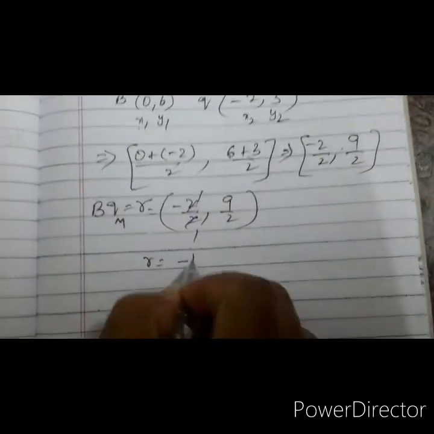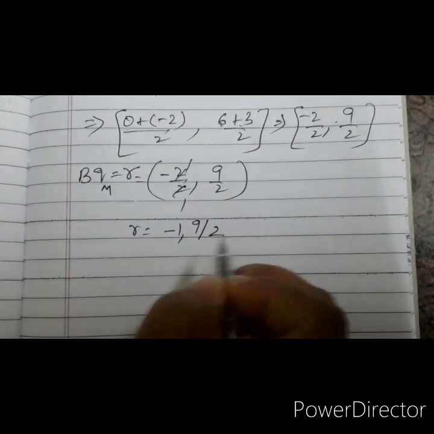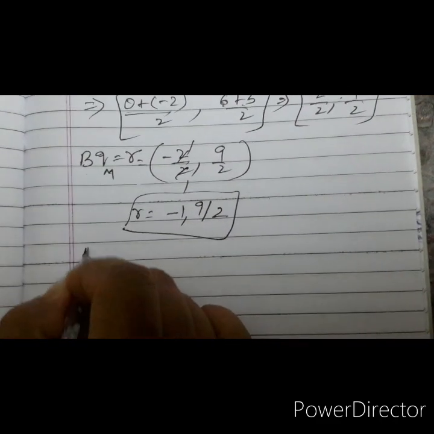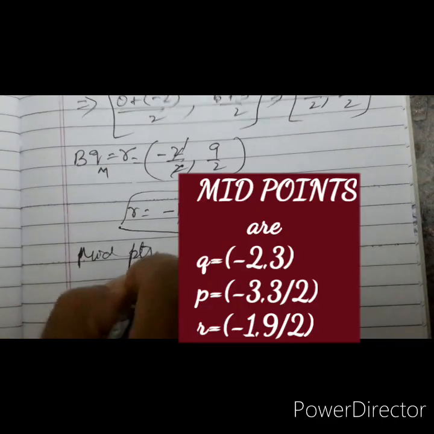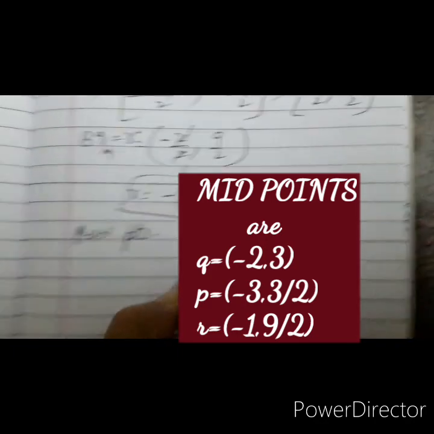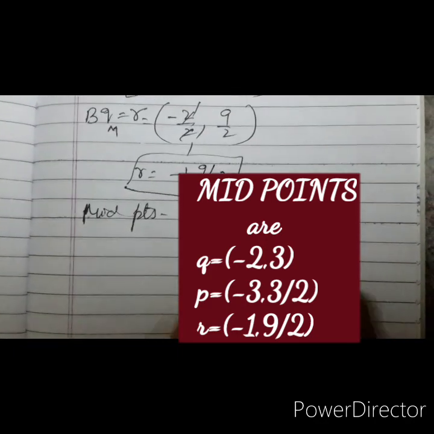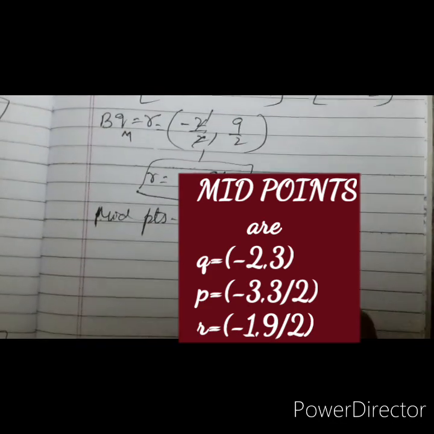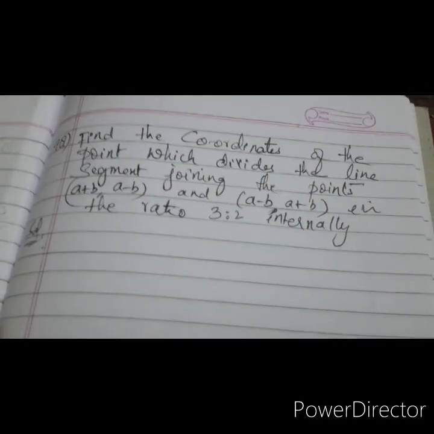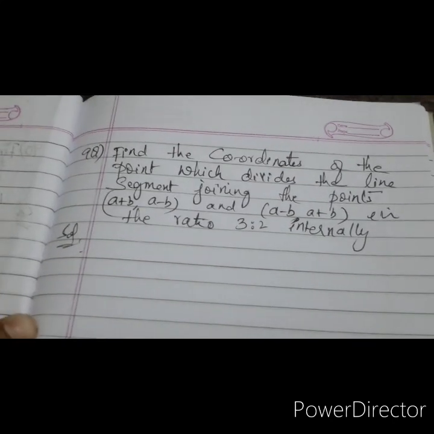Therefore, R equals (-1, 9/2). So the midpoints are Q (-2, 3), P (-3, 3/2), R (-1, 9/2). Yes, student. So, you have understood the 7th problem.